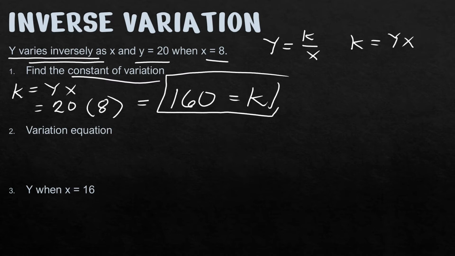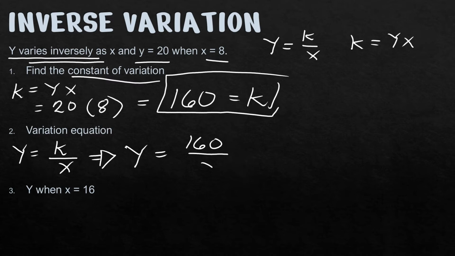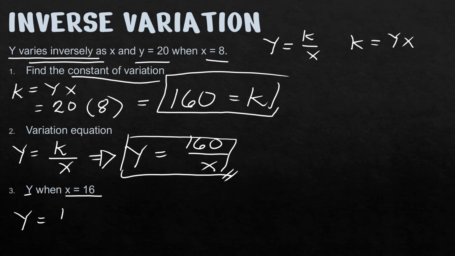Since you already have the constant, instead of writing y is equal to k over x, susulat na natin y is equal to 160 over x. And this is the equation of the variation, or the variation equation. After that, we need to find y when x now is 16. We already have the equation, 160 over x.